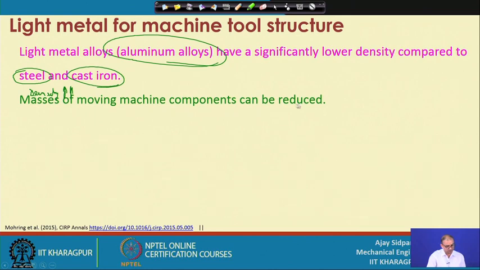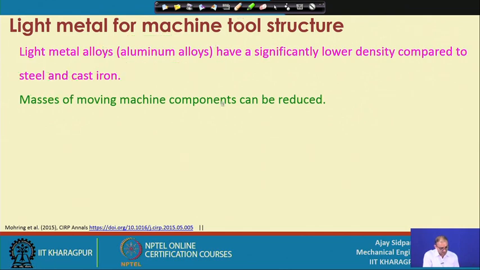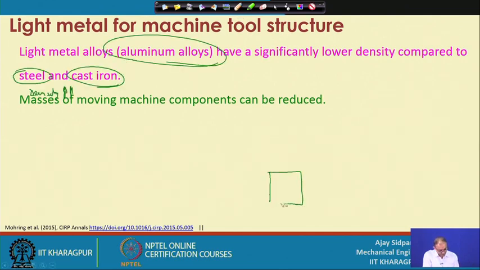Masses of the moving machine components can be reduced, and this is very important, because suppose you have one component here, and this is the slide on which it is mounted. And you want to do some small scale micro machining here. So, this is the area of micro machining, right.